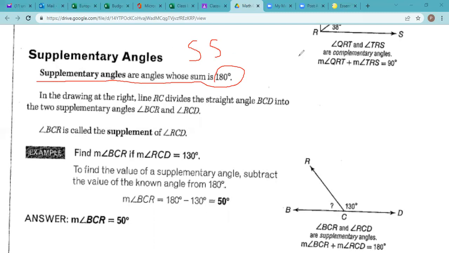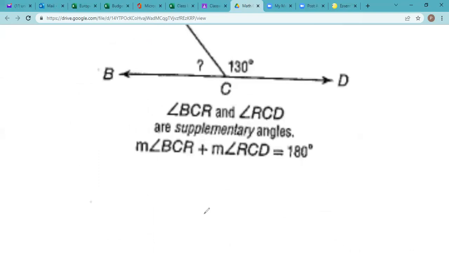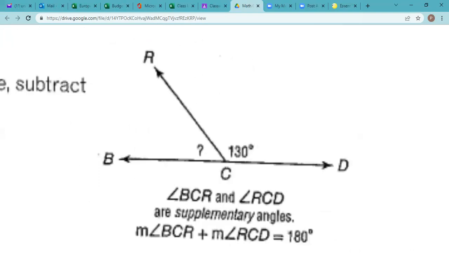So what we have down here in the bottom right hand corner of the screen is a straight angle, and that angle is angle BCD. Okay, angle BCD, or you could turn around and say angle DCB. All right, we know that it's worth 180 degrees altogether.